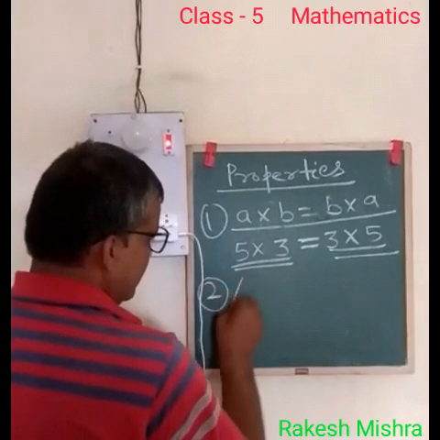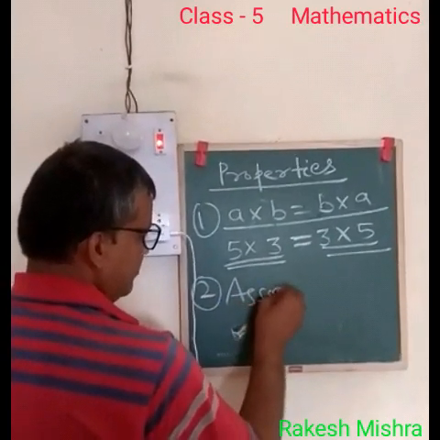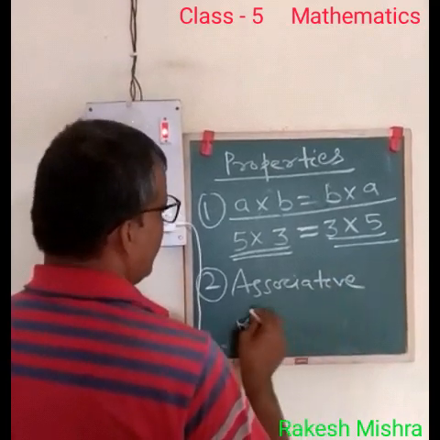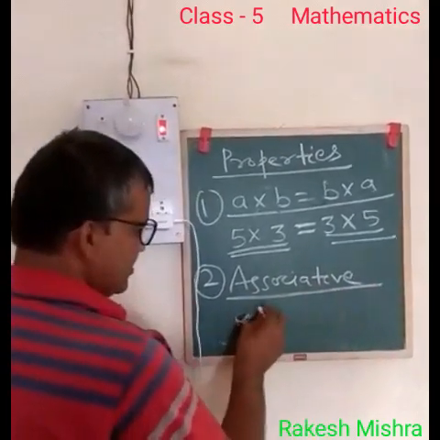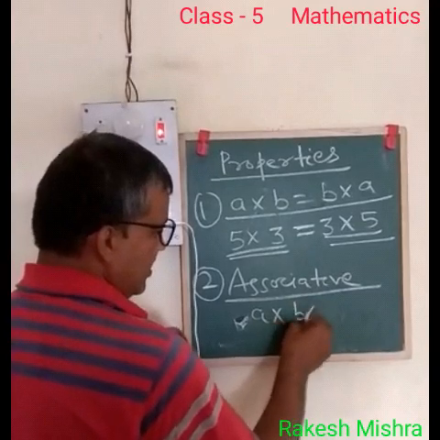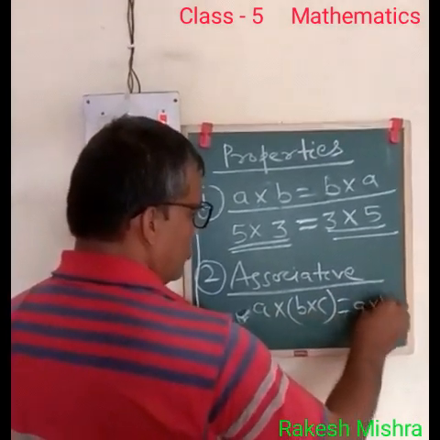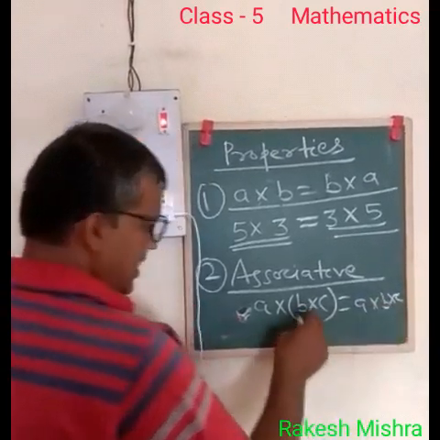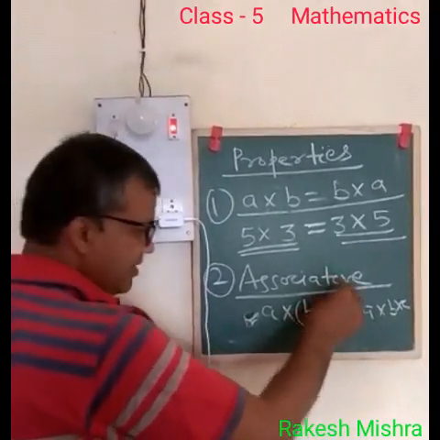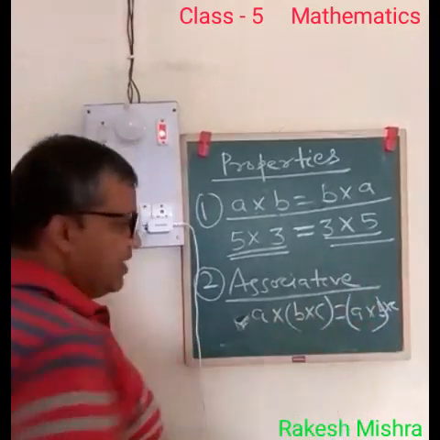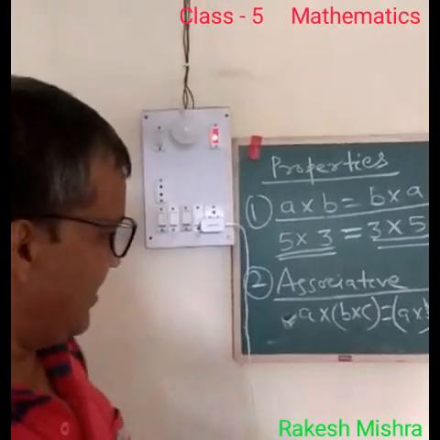Second property, associative property. What is this? A into (B into C) is equal to (A into B) into C. Here B into C is in a bracket, but on the right side A into B is in a bracket.